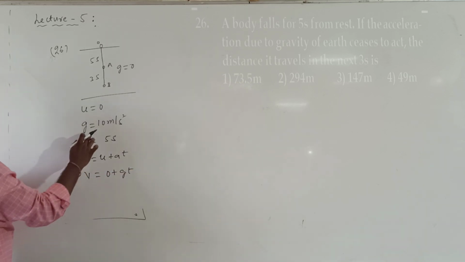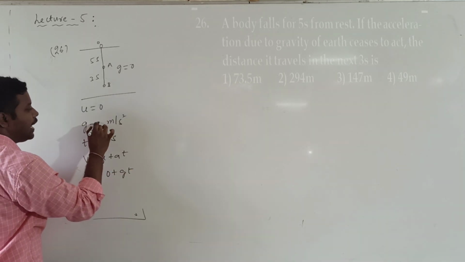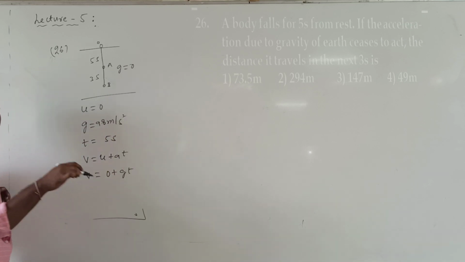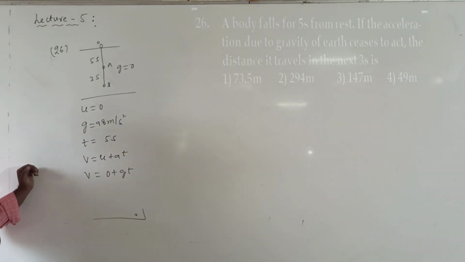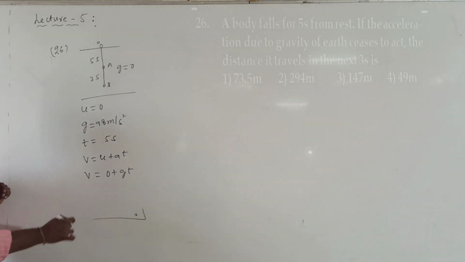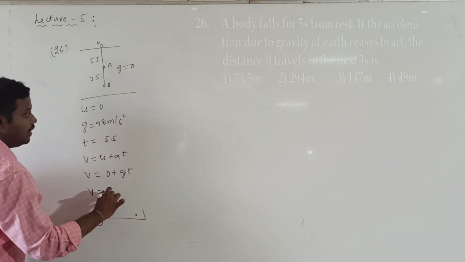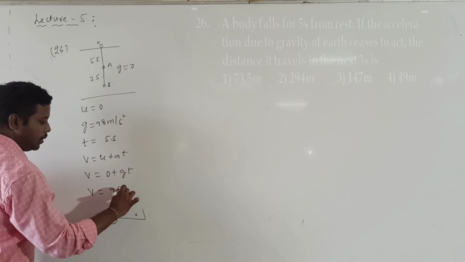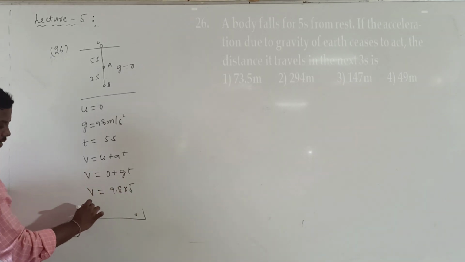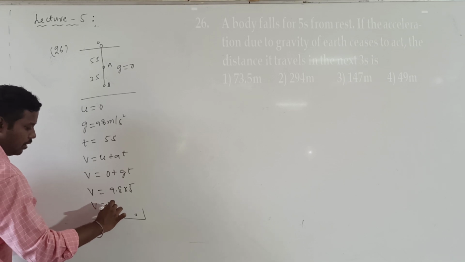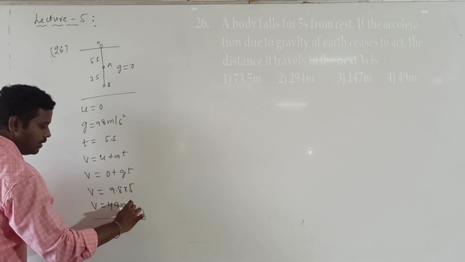Otherwise I will take g value 9.8 only. When they mention 10, compulsorily we need to take 10, otherwise we need to take 9.8 only. Then v value is given by g into t. So g value 9.8 into t value 5, so the answer is v equal to 49 meter per second.